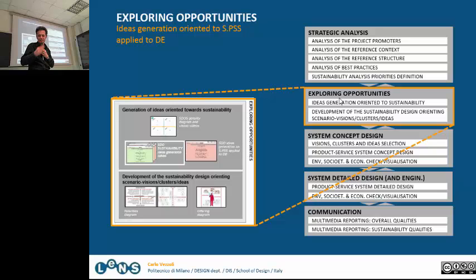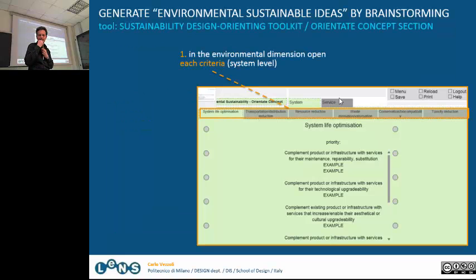Okay, we go to the next phase, exploring opportunity. So far we made, let's say, a strategic analysis of the system. We saw a few tools. I hope you get something of this approach. And here we are using, again, the SDO toolkit, Sustainability Design Orienting Toolkit, to generate ideas.